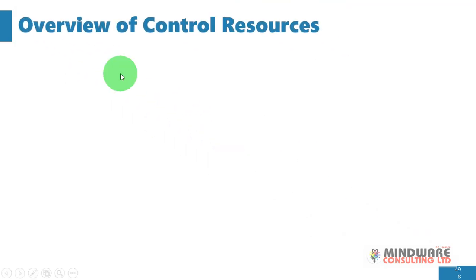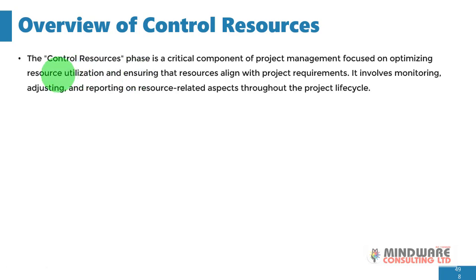Firstly, an overview of control resources. The control resources phase is a critical component of project management focused on optimizing resource utilization and ensuring that resources align with project requirements. It involves monitoring, adjusting, and reporting on resource-related aspects throughout the project life cycle.